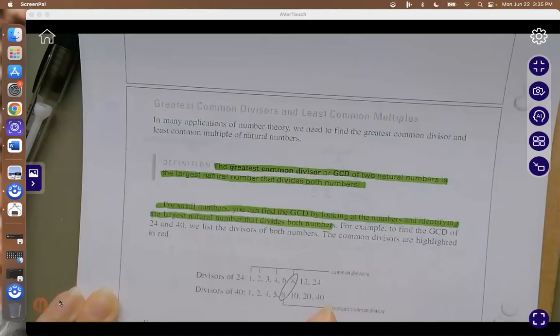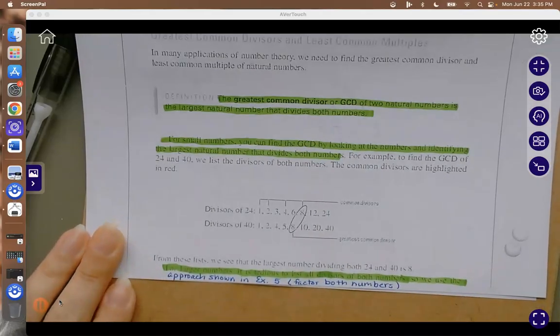You have to factor both numbers. And you can't see that, and I apologize. Okay, so if you need to pause this to write this down, feel free to do so.